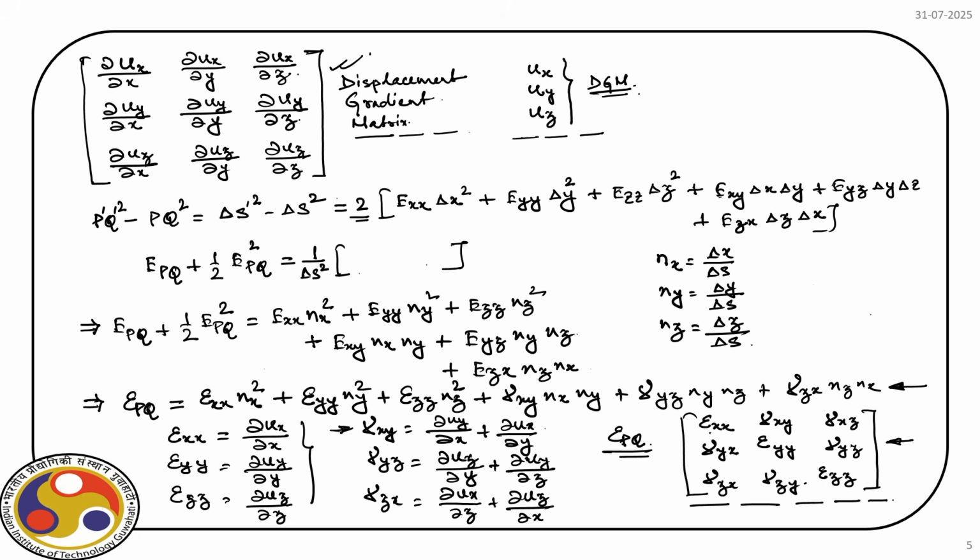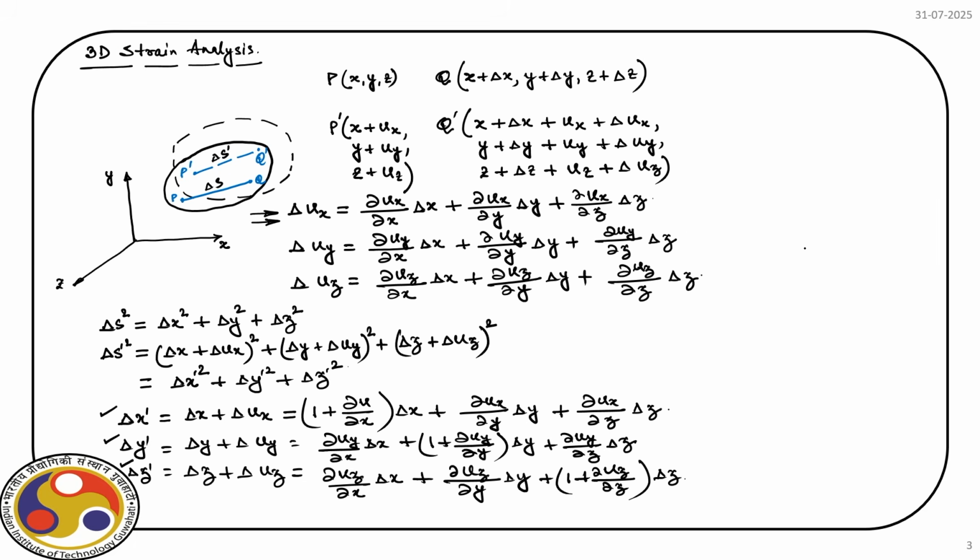And here again the diagonal terms give us the axial strain, and the off diagonal terms are the shear strains. So, what will we do next? We will quantify at the end of this line.